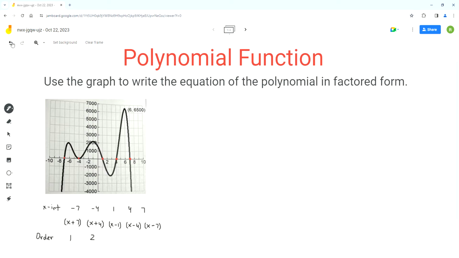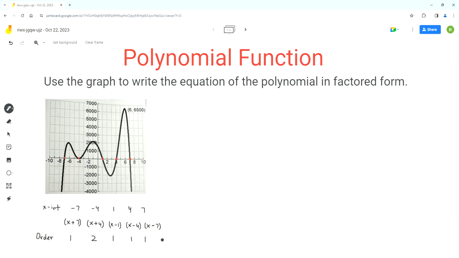So there's a very important concept you need to understand and memorize. And at the next x-intercept 1, the graph passes straight through that x-intercept, so the order is 1. And at 4 again it passes straight through, so again the order is 1. And at 7 the graph again passes straight through, so the order is 1.